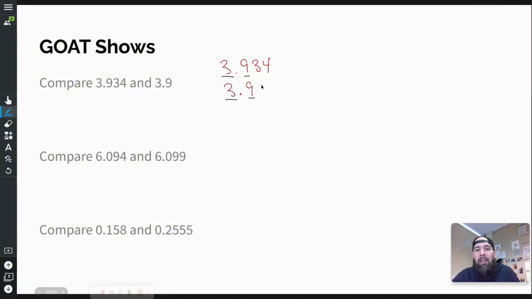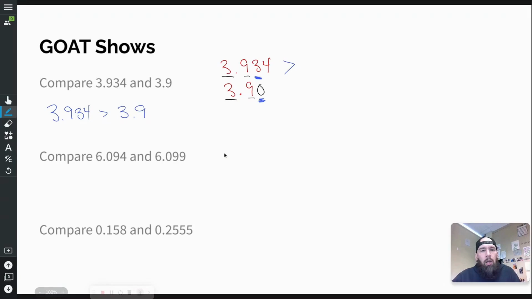So I will put a 0 here, and then notice that 3 and 0 are not the same. 3 is greater than 0, so you're going to be greater than, and I get 3 and 934 thousandths is greater than 3 and 9 tenths. I'm not going to write out the 0 when I put my final answer because I don't need to.